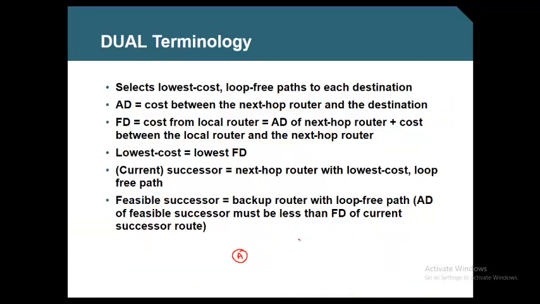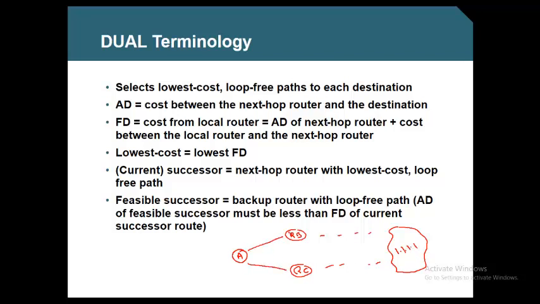Router A, router B, router C. And you see there's a network called 1.1.1.1.